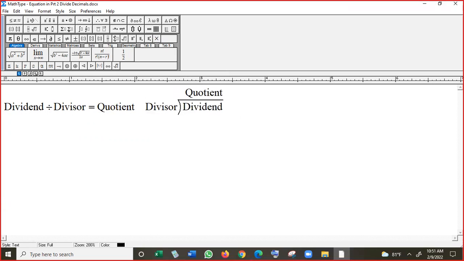There's one way you can write it like this, horizontal form. You can write it with the division sign, and also you can write it as a fraction. So in the numerator, you'll put the dividend being divided by the divisor, and the answer you get will be the quotient.